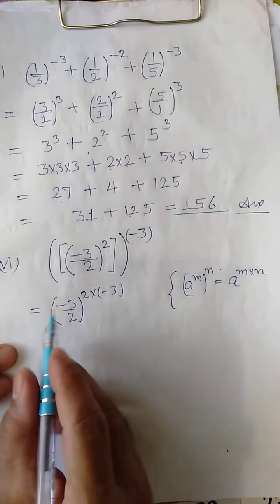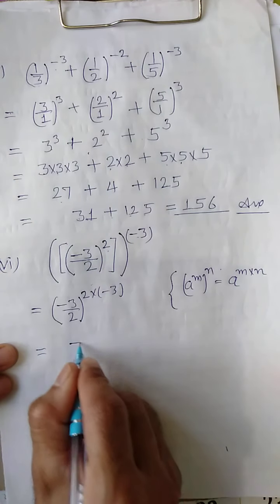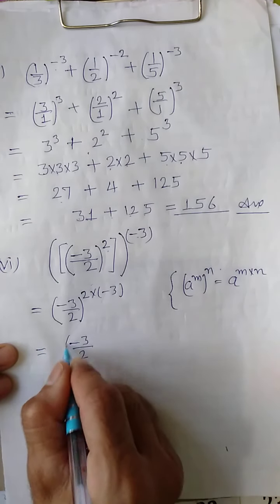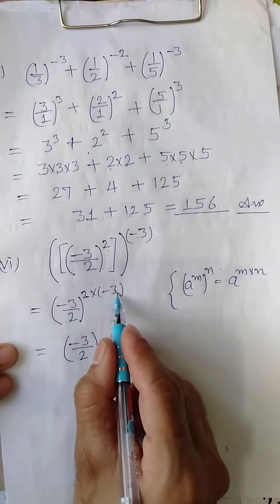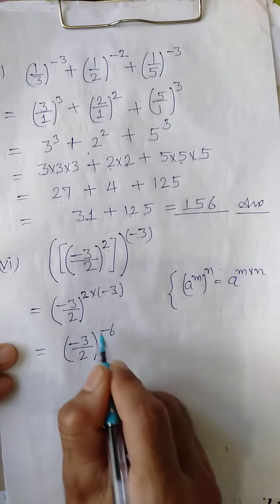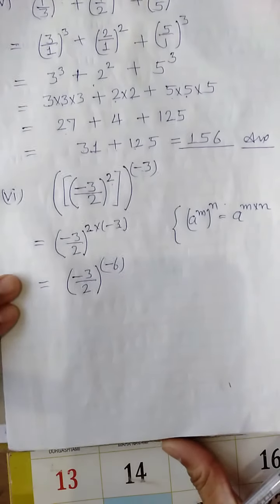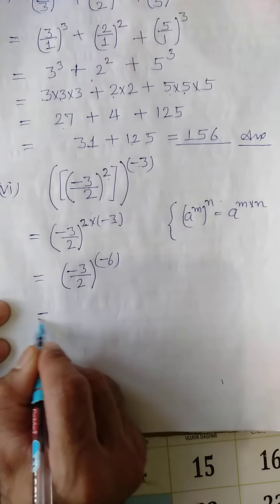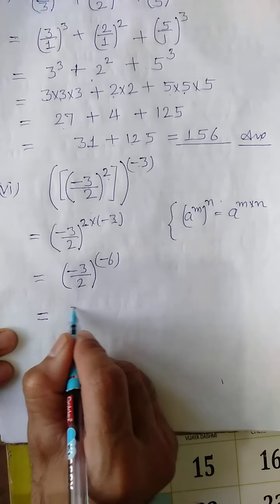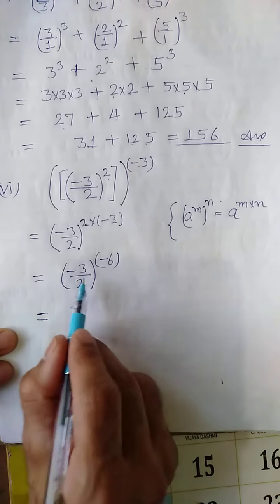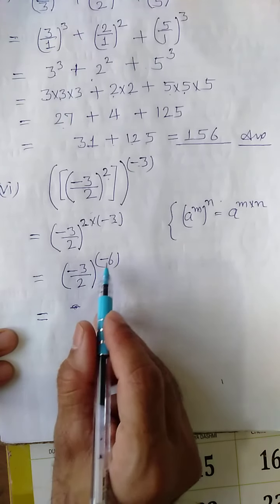It is not difficult, very simple question. So here minus 3 upon 2 power 2 3 ja 6, but minus will come, so this will be equal to power minus 6.